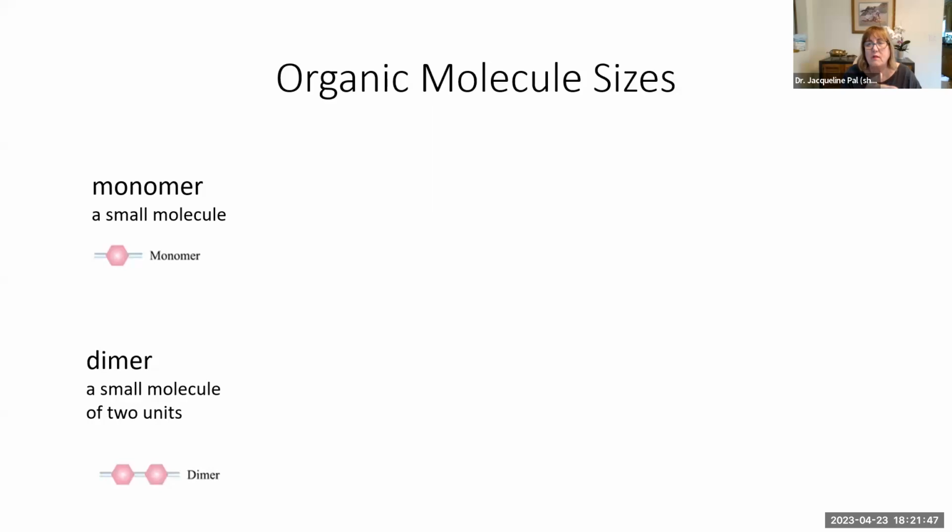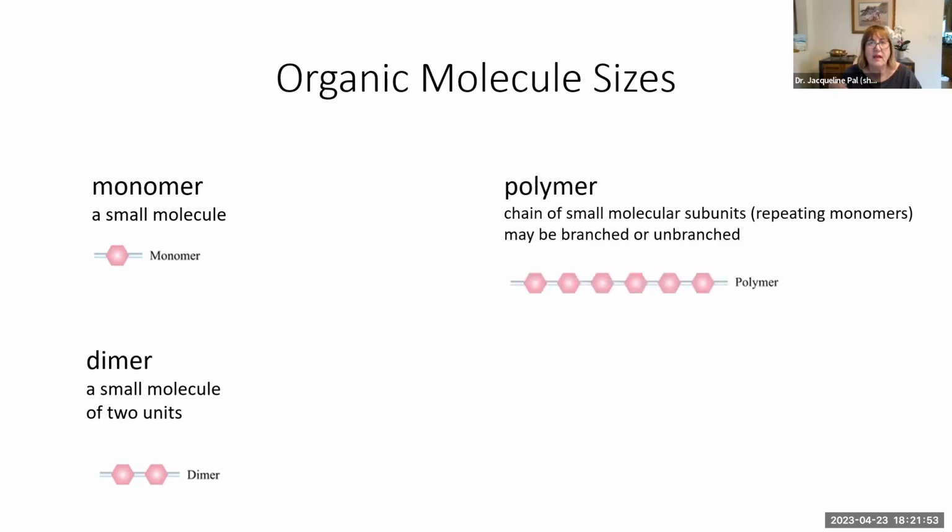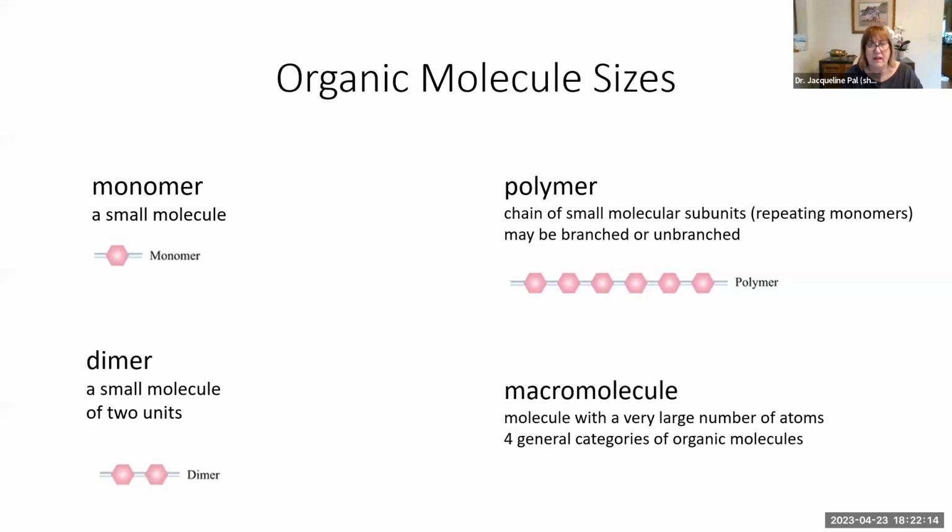An example of a monomer would be a glucose molecule, and you could put 2 glucose molecules together, and that would be a dimer. Now, a polymer is a chain of monomers. The polymer can be straight chain or it can have branching, and I'll show you examples with glucose of both of them, because they have specific names that I know you already have learned in your life.